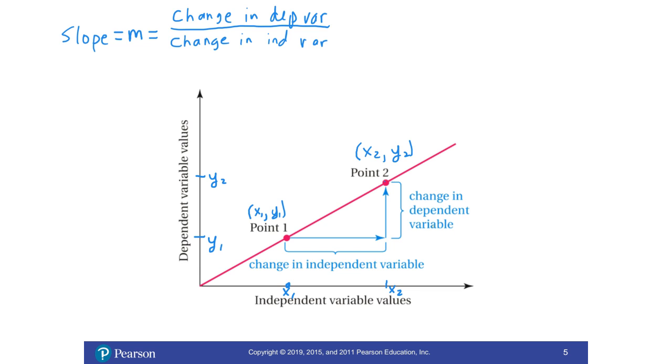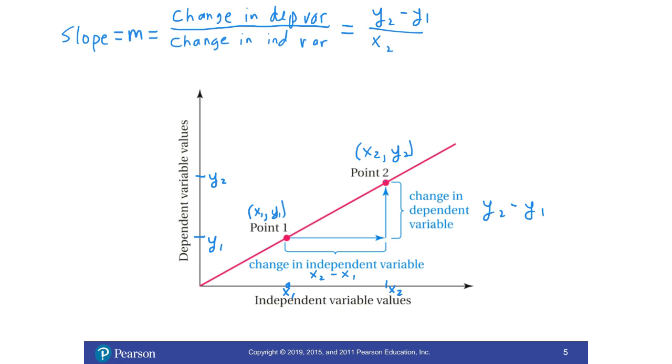So the change in the dependent variable, that is from y1 to y2, that's just going to be y2 minus y1. So this numerator up here is y2 minus y1. And the change in the independent variable, going from point 1 to point 2, that's just x2 minus x1.